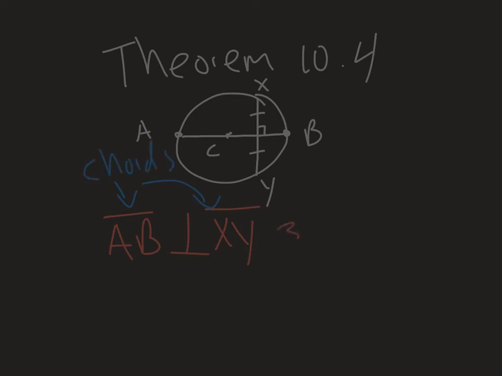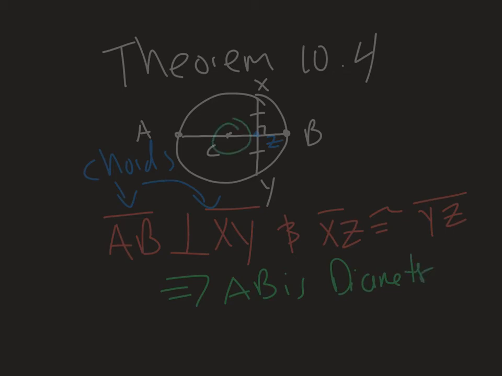And I also get to start with, if I mark this point again as Z, XZ is congruent to YZ. Now using that, I would have to deduce that AB is a diameter. So I have to prove that it goes through the center of the circle C somehow.